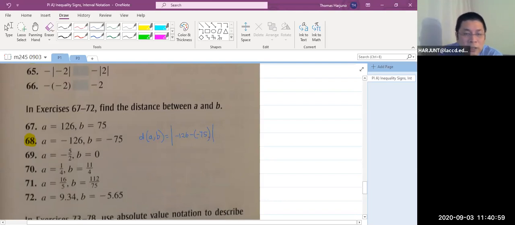Now the thing is, if we use this absolute value here, we don't need to think about which of these two numbers is greater, which is smaller. We just plug them in, absolute of A minus B. This would be absolute of -126 plus 75. I think that's -51, huh? That's absolute of -51, which is 51.